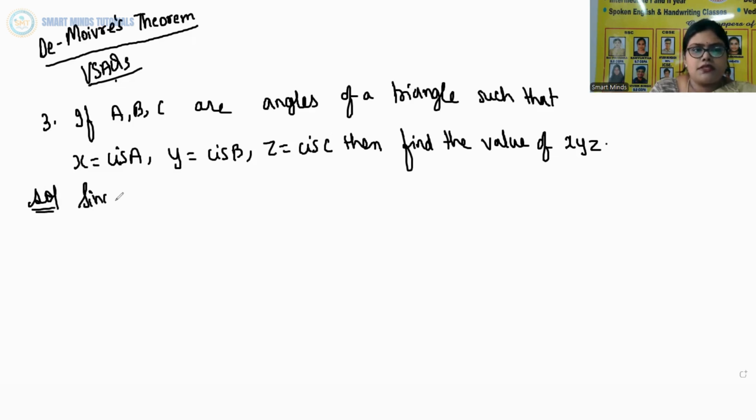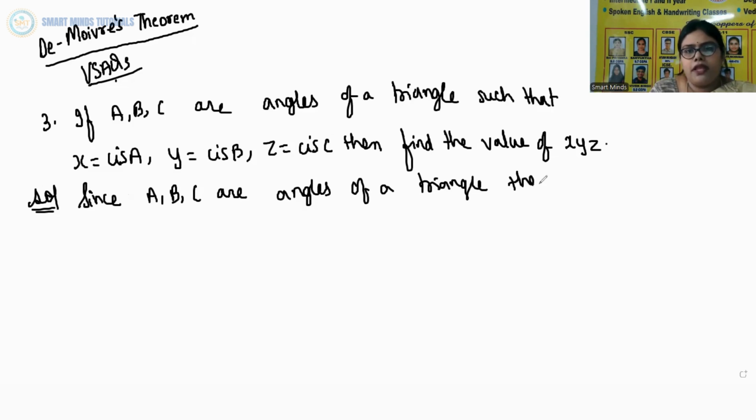So first let us write down, since A, B, C are angles of a triangle, we are using some angle property here. Then we get A plus B plus C is equal to pi.